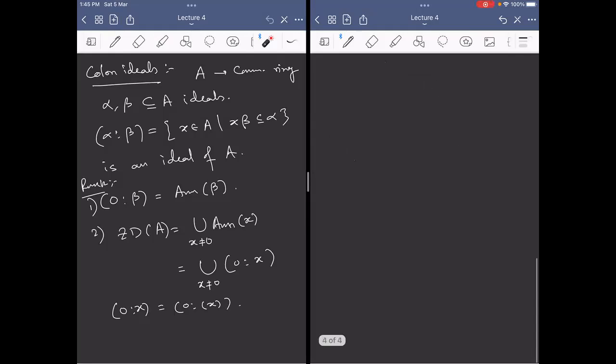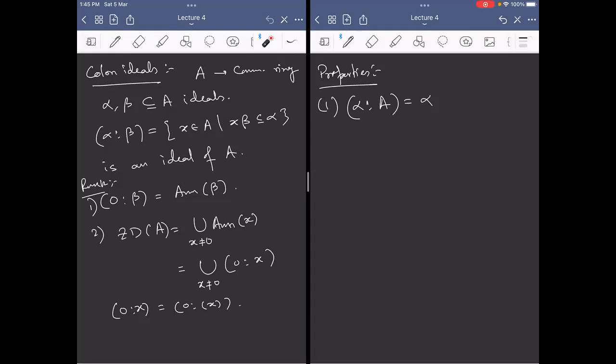Okay, so now I'm going to state some properties of it. Properties. First of all, if you have some ideal alpha and if you take alpha colon A, then the colon ideal becomes the ideal alpha itself.